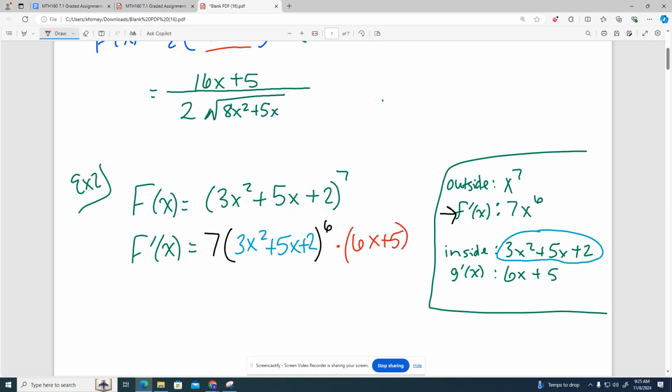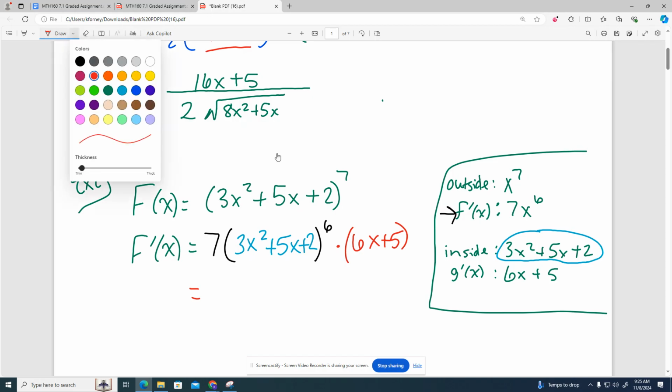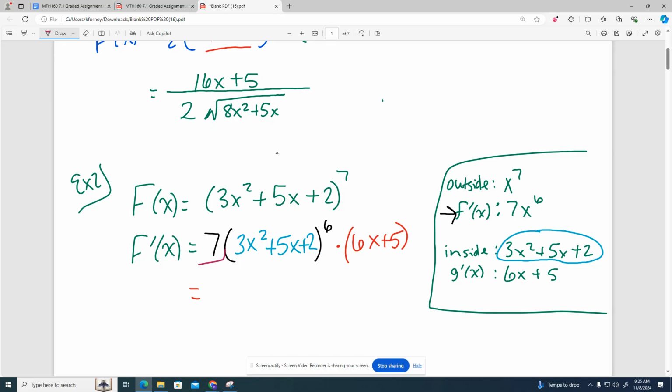Now, I definitely don't expect you to take this out to the 6th power. But something we can do is take 7 and distribute it into this.